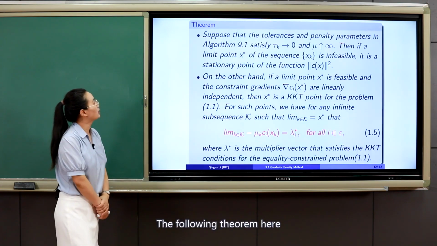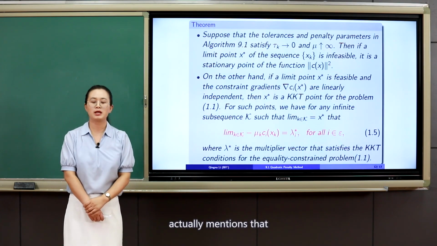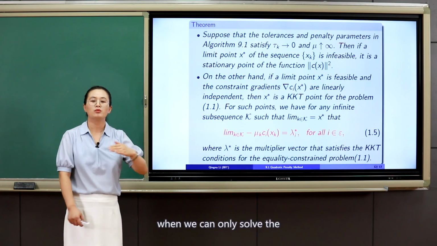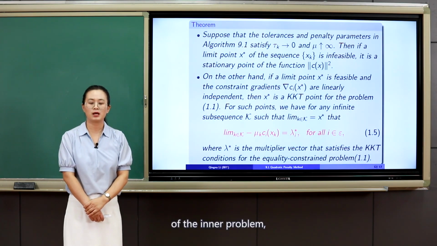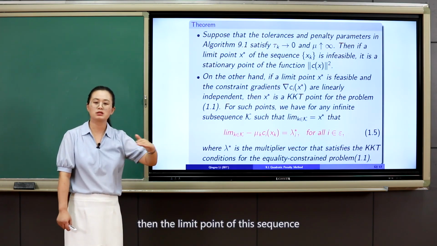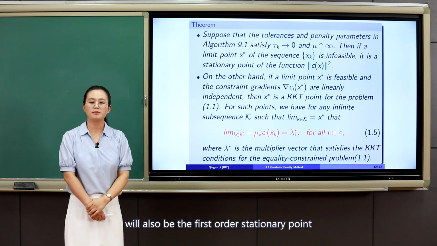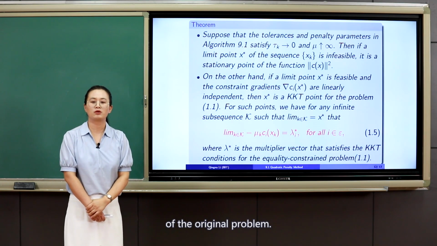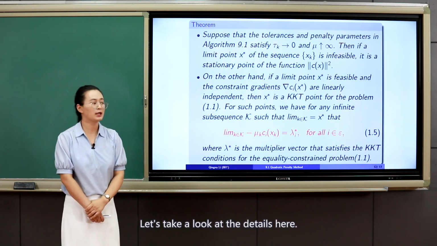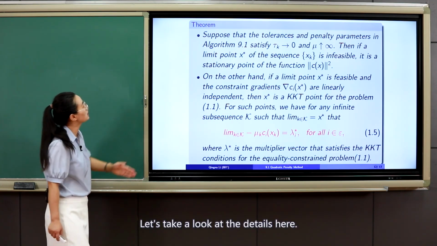So the following theorem mentions that when we can only solve the first order optimality condition of the inner problem, then the limit point of this sequence will also be a first order stationary point of the original problem. Let's take a look at the details.